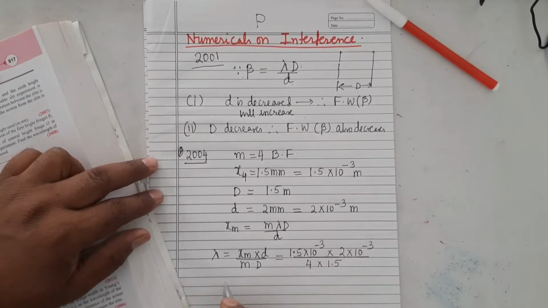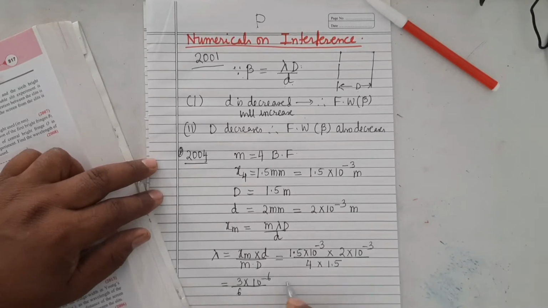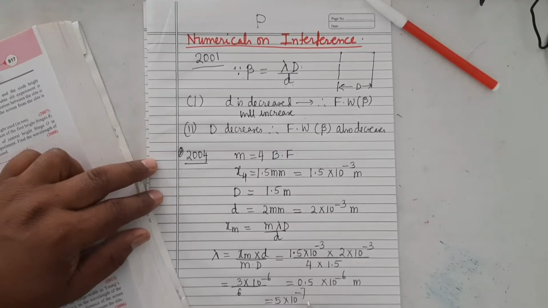So 1.5 into 2 equals 3 into 10 to the power minus 6, upon 4 into 1.5, that is 6. So it is 0.5 into 10 to the power minus 6 meter. That is 5 into 10 to the power minus 7 meter, which means 500 into 10 to the power minus 9 meter.